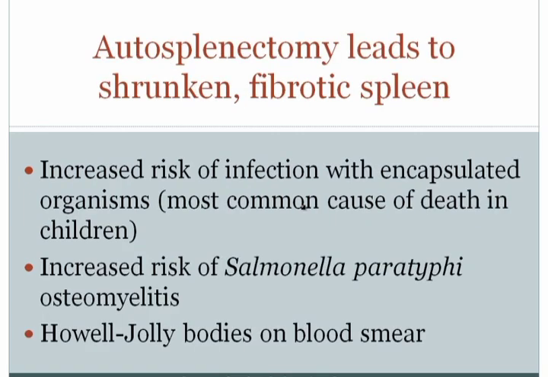Additionally, because they get vasoocclusive crises in the spleen, eventually the spleen gets infarcted and disappears. That's called autosplenectomy. It results in a shrunken fibrotic spleen. Loss of the spleen then results in a series of problems.